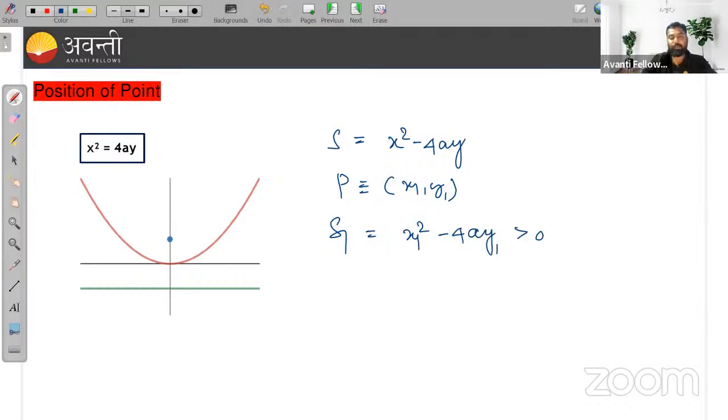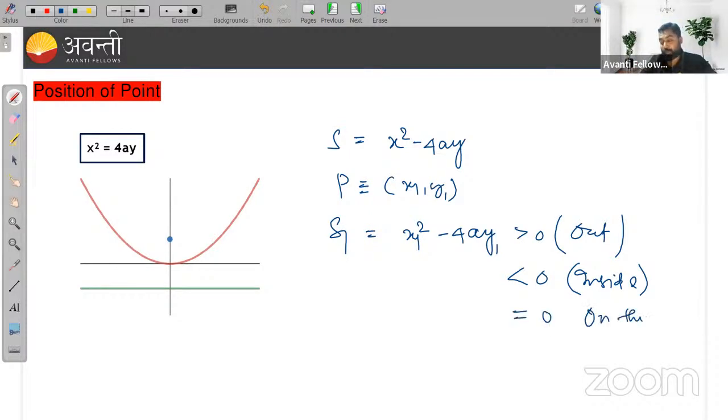If it is greater than 0, then we can say outside the parabola. If it is less than 0, then inside the parabola. Sorry, I used the word circle by mistake. If it is equal to 0, then we can say on the parabola. Clear, everyone?